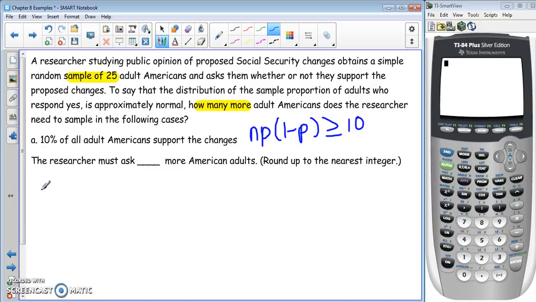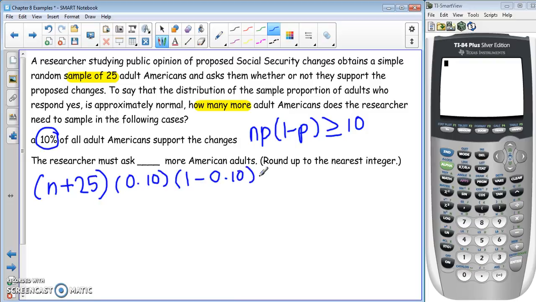So we already have 25, so we're going to do n plus 25 because that's our entire sample size in this case, and then p is going to be our 10%, and then 1 minus p is 1 minus 0.1, and then we're going to set that equal to 10, and we're just solving this equation for n.